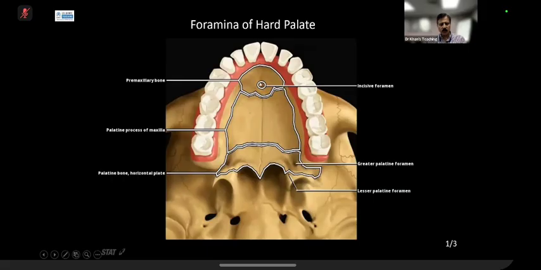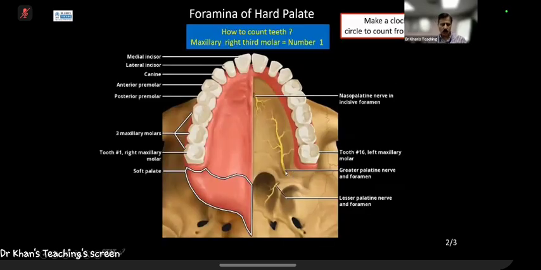One is this incisive foramen, and second one is here, which is greater palatine foramen, and a smaller one next to it, which is lesser palatine foramen. In the incisive foramen, the nerve which passes through is the nasopalatine nerve. Here, greater palatine nerve, and here, the lesser palatine nerve.